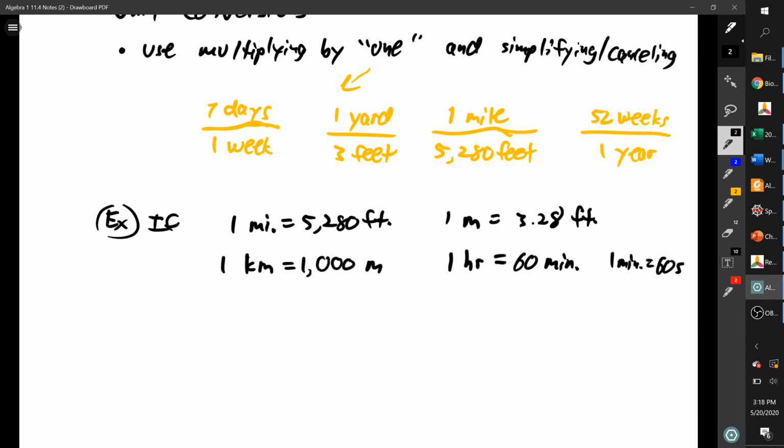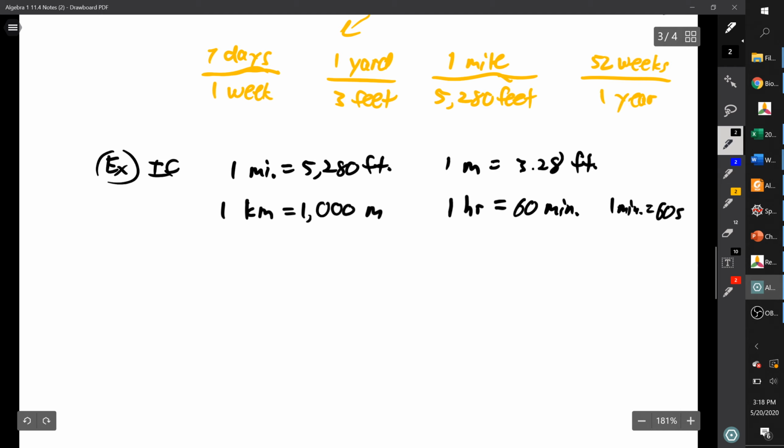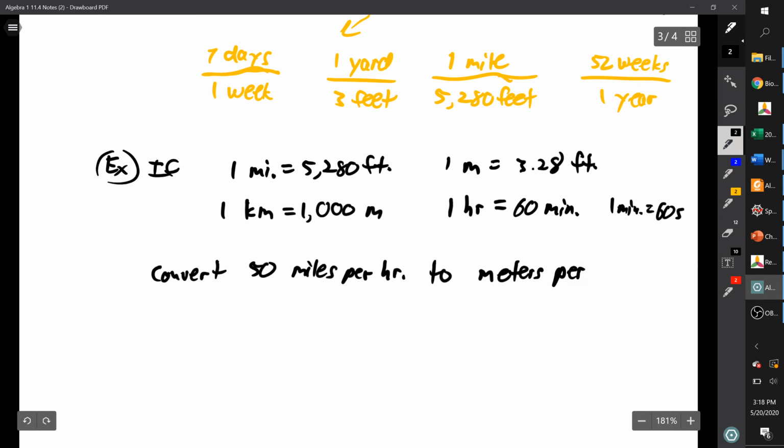S or SEC. Okay, so if we know that, let's convert 50 miles per hour to meters per second.